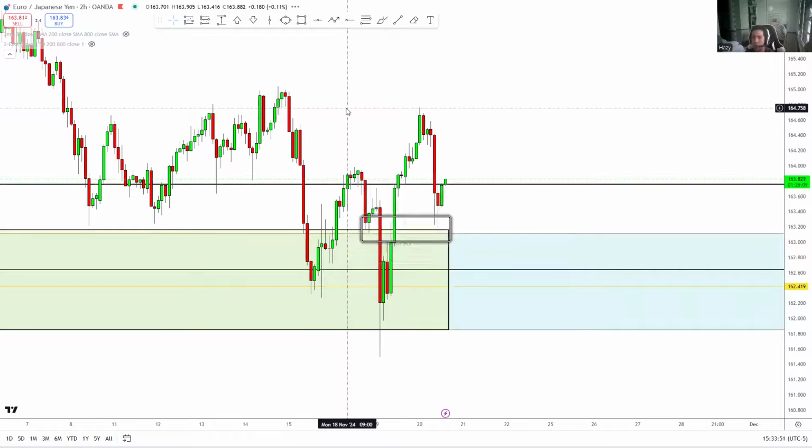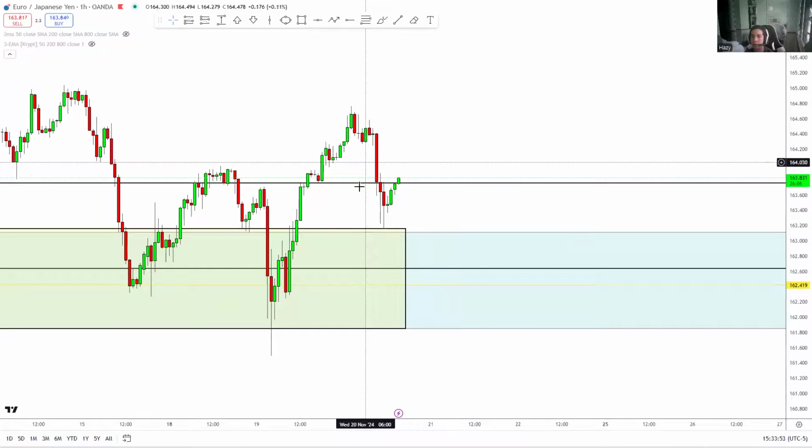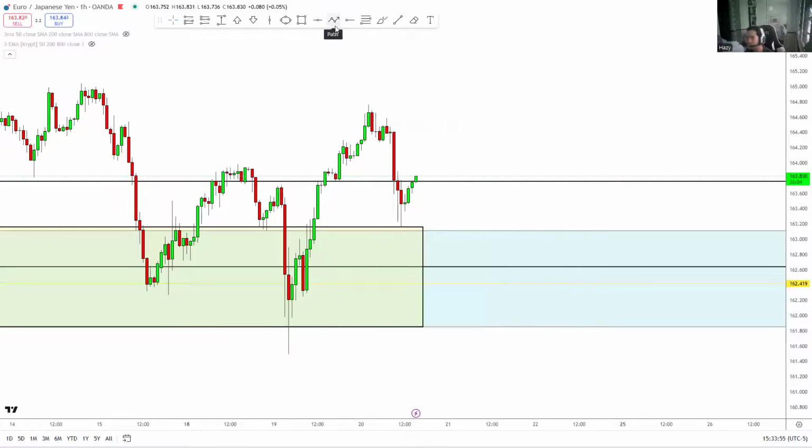On the 1 hour, it's a little bit different, because we were bearish, and then we broke structure, so we got bullish: higher low, higher high, higher low, higher high, and then it broke our previous higher low, making this a bearish structure. So we're bearish on the 1 hour.